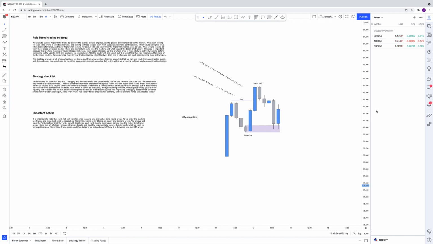I will also trade into the higher time frame areas, which we get into in the example on New Zealand yen that I'll be looking at. So what we are looking at from these areas are order blocks. So where is the momentum that came into the market?